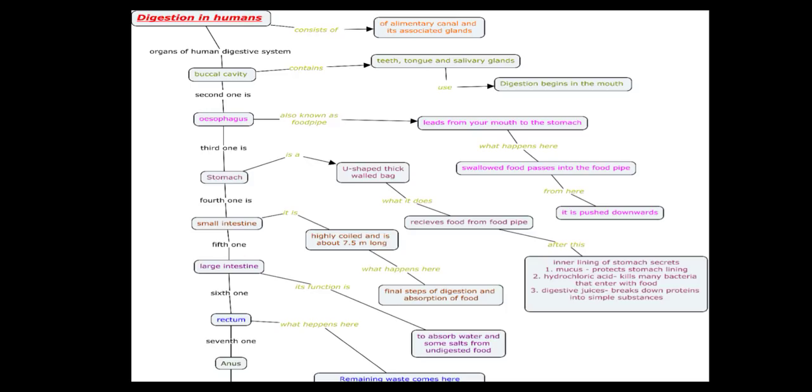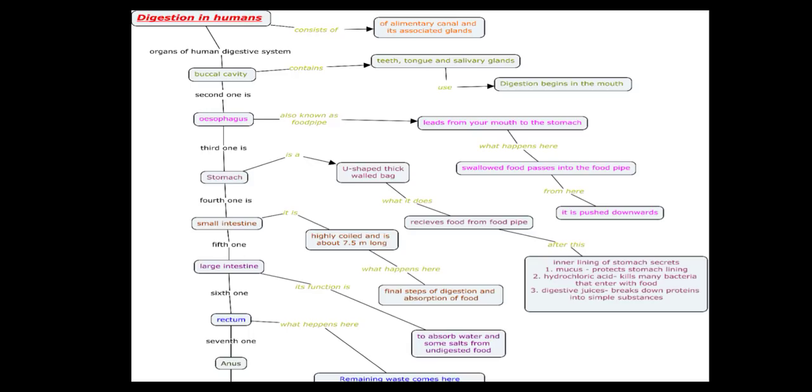What is the stomach? The stomach is a U-shaped thick walled bag. What does it do? It receives the food from the food pipe. After this what happens? The inner lining of the stomach secretes mucus, hydrochloric acid and digestive juice. Hydrochloric acid kills the bacteria that enter with the food.